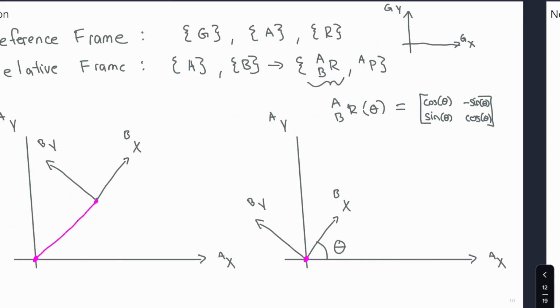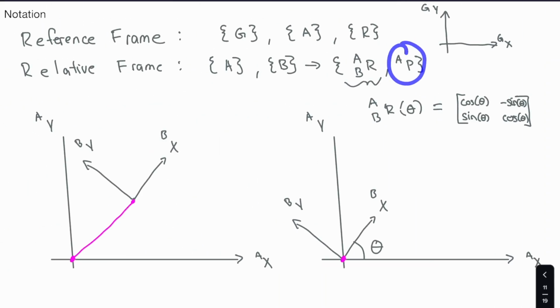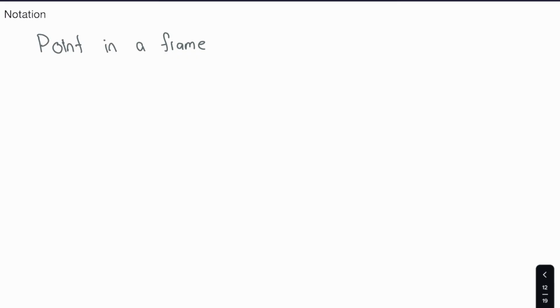A few additional pieces of notation to keep in mind are how do we define a point in a frame? I actually just previewed this in the previous slide, since I mentioned this is a point in a frame. But it's essentially just some capital letter with the frame in the superscript on the left-hand side. And a point is really going to represent two values.